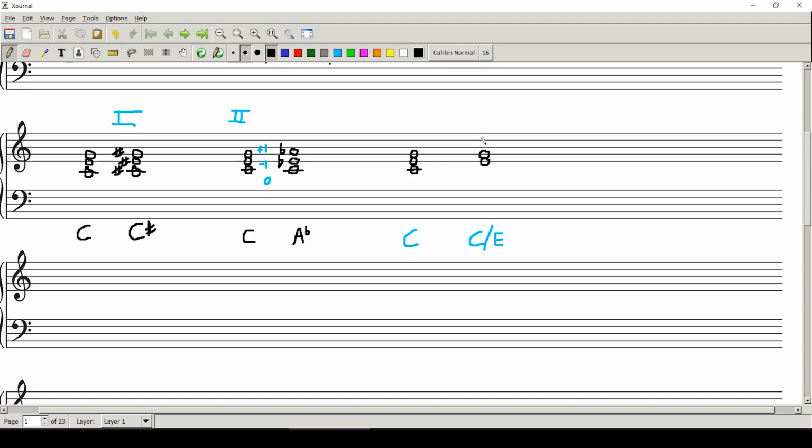So here's a situation right here where I have the root of the first chord becoming the third of the second chord, right? This is obviously not the smallest connection between two versions of C major. It's a relatively distant connection. But this is the sort of thing we imagine when we talk about inverting a chord, going from C major in root position to C major in first inversion.